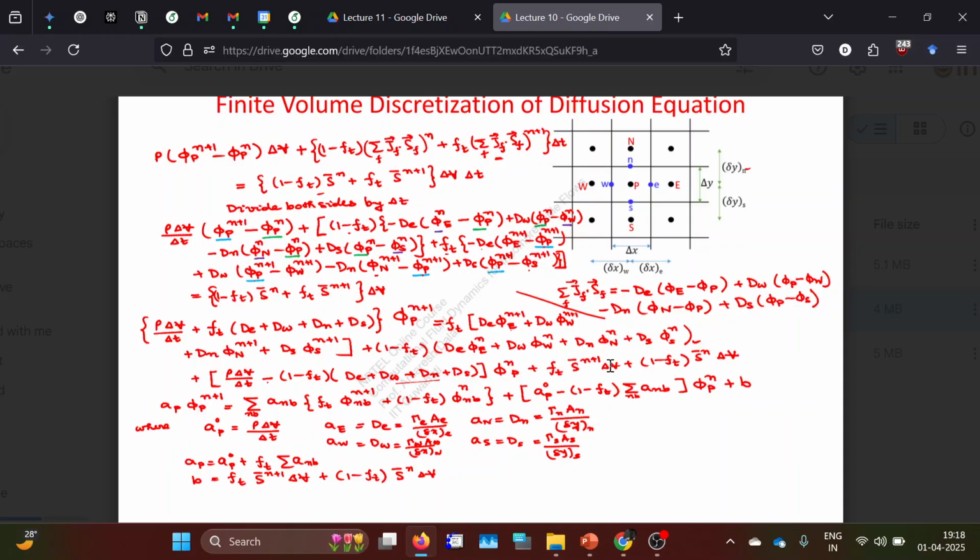K is related to a transport property, and this rho Cp gives a thermodynamic property, which is the heat capacity m Cp. So it is more about how much is stored. Rho Cp gives how much is stored, versus K gives how much is conducted. So rho Cp is more about storing of energy in the volume.